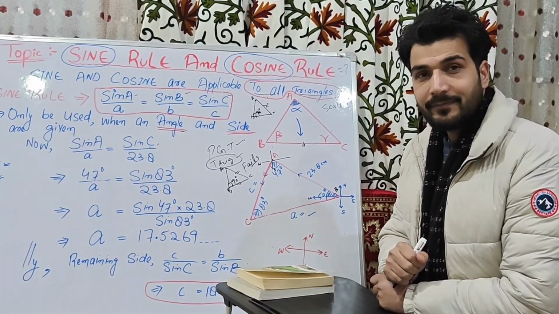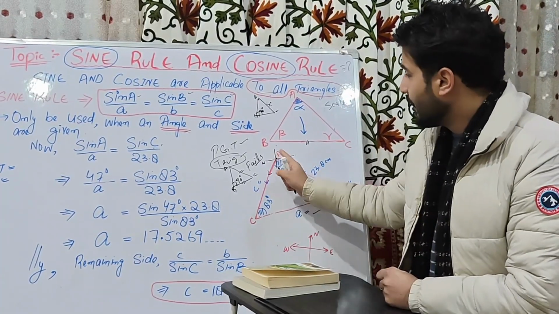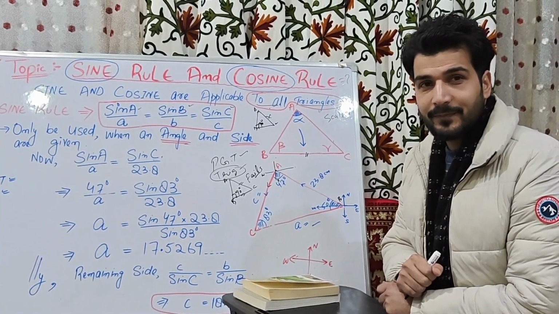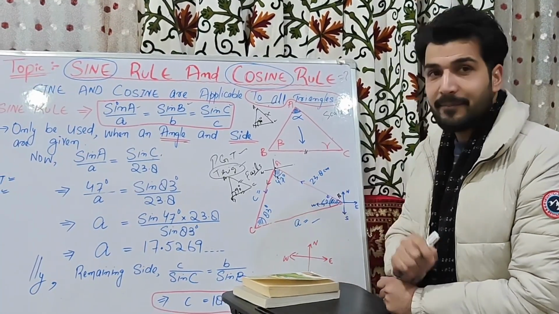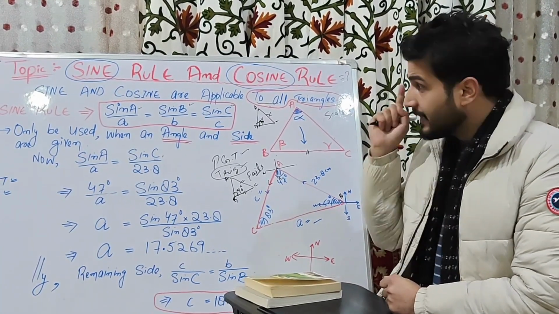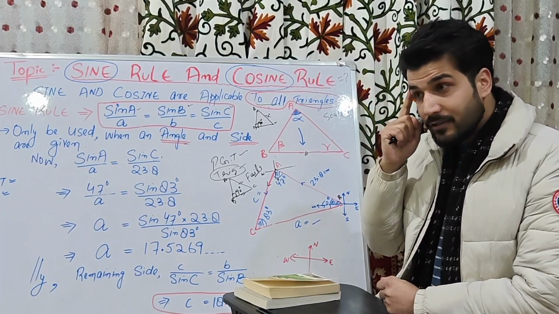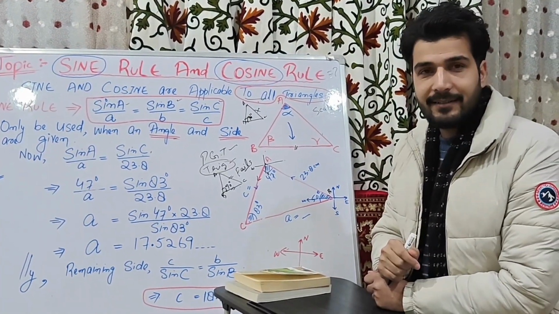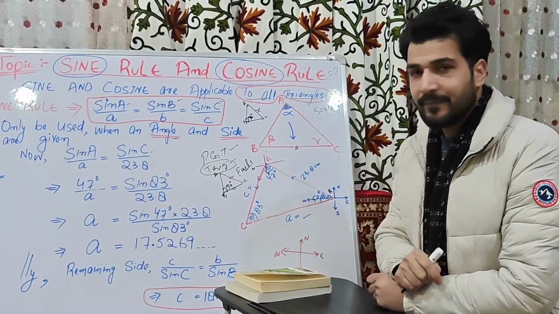So how can we find it? We can find the total distance by the sine rule. From this example, get this idea that trigonometry does not deal only with right angle triangles. It deals with all types of triangles. So this is an example.